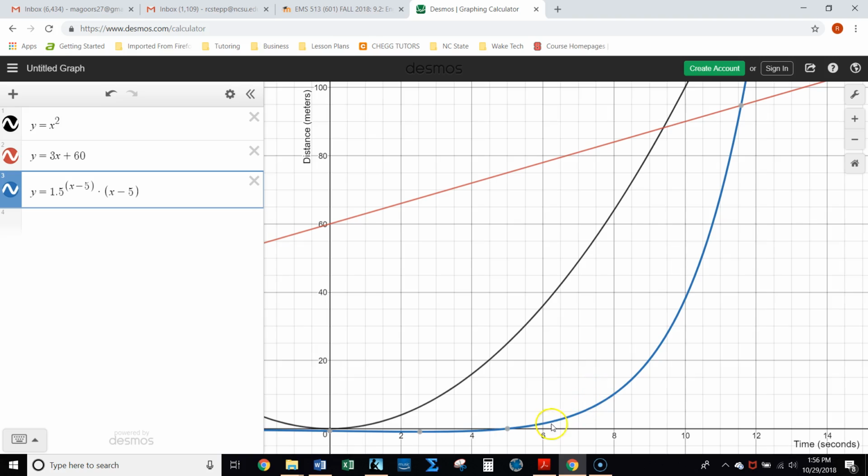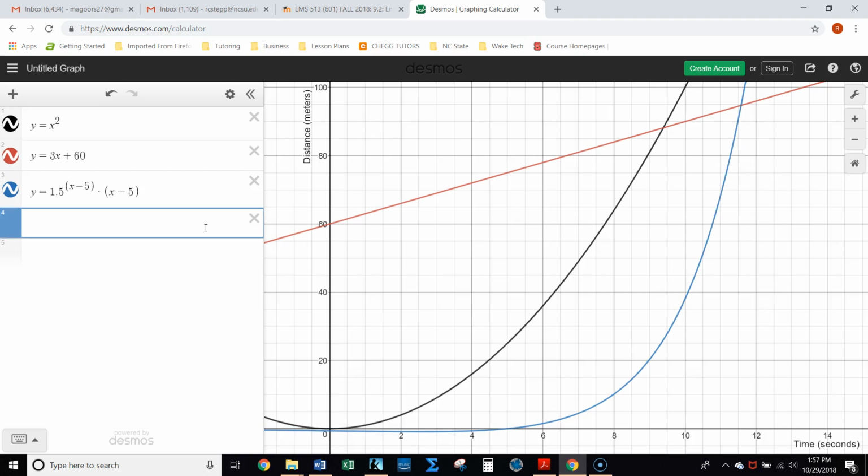And at 7 seconds, he would have a 2 right here. So it would be 1.5 times 1.5, because it says on the task that every second he went 1.5 times faster. So this would take care of the 1.5 times faster, and this part would be essentially seconds after 5 seconds. So that's how I came up with the graphs.